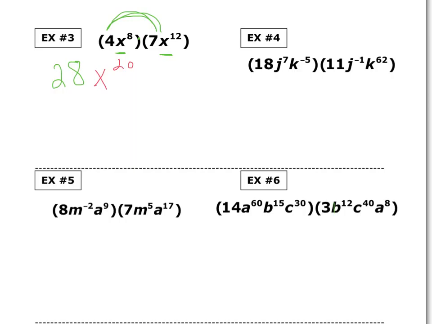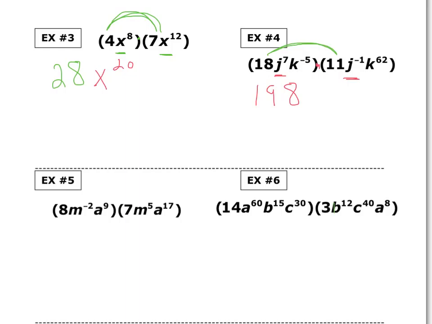Example number 4. Let's take a look. Okay, so we got to multiply our 18 times 11. And if you go ahead and take 18 times 11 on your calculator, that will give you 198. Then we want to go ahead and look at our different variables. They are multiplied, so we can go ahead and add those.